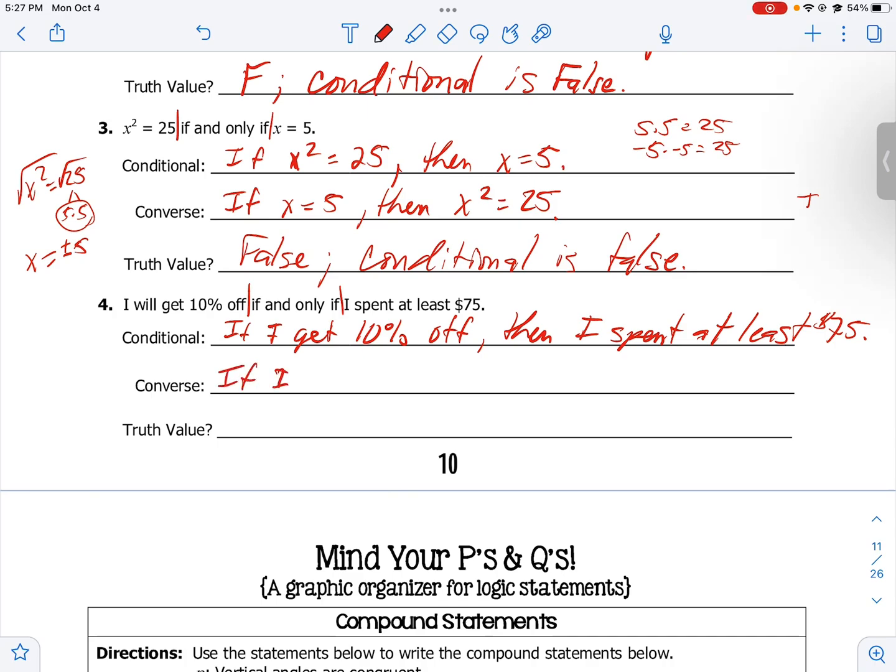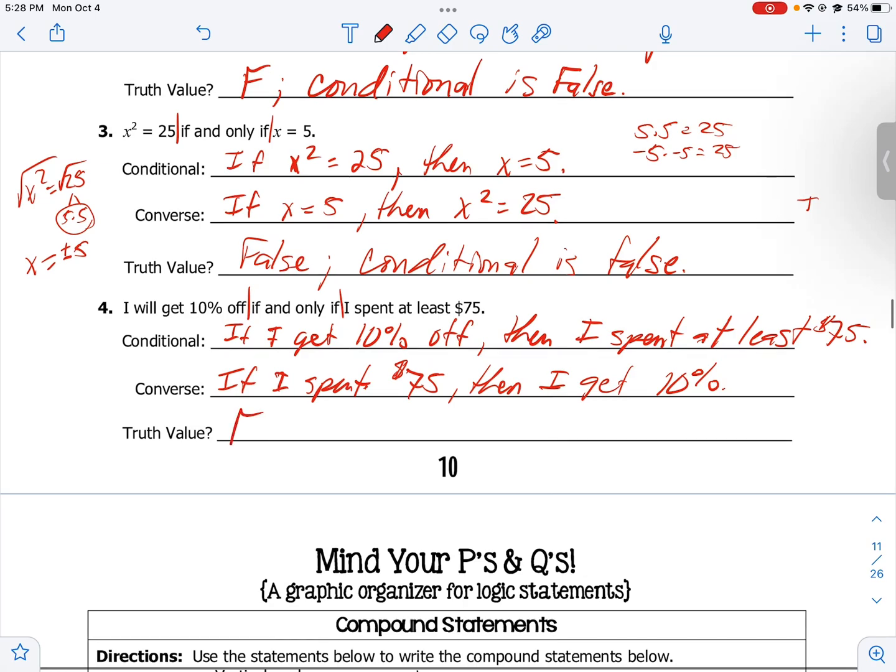The converse: if I spent $75, then I get 10% off. Let's see. If I get 10% off, then I spent at least $75. I mean, it could be. But if I spent $75, then I get 10% off. Yeah, I mean, that might make sense if there's a sale going on. But the first one doesn't. You could have got 10% off because you had a coupon. So I'm going to go with false.